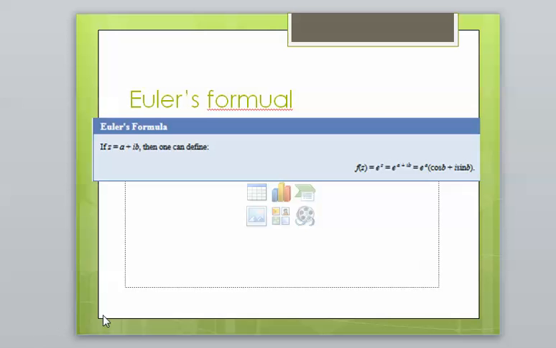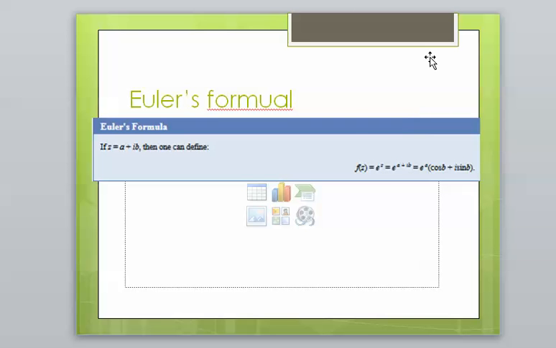Euler's formula is one that you will use in calculus. It really is an elegant formula, and they really love it. It's one that we have used many times in statistics and in the theory behind statistics. You're not going to get into that too much, but you are going to see how it works.